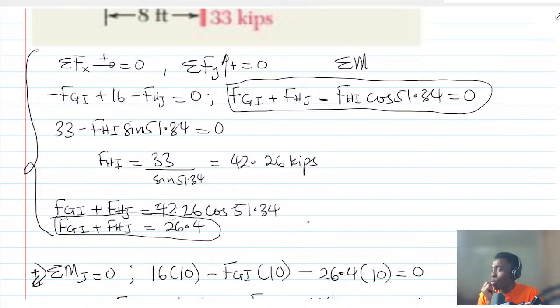There is something which we call zero force members. I cannot cover it tonight, but even if you don't know zero force members, if you calculate it, you will still get zero. However, if you don't know zero force members, it may take up your time. So any question up to this point, please?